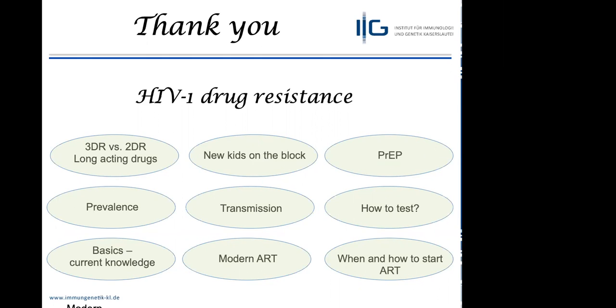But at the moment we are at least hopeful that for integrase inhibitors and our modern antiretroviral treatment regimens, it's not the same as it was for all the other drugs. We are now seeing 5–10% of transmitted drug resistant mutations. But I'm not sure whether this might hold true in 5 or 10 years.